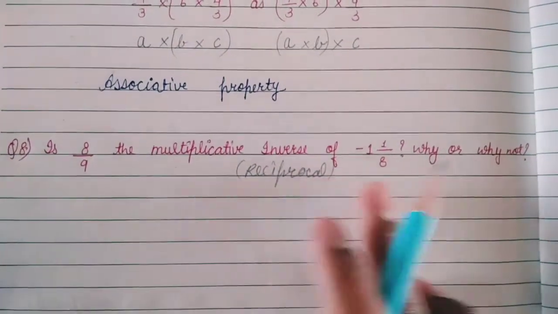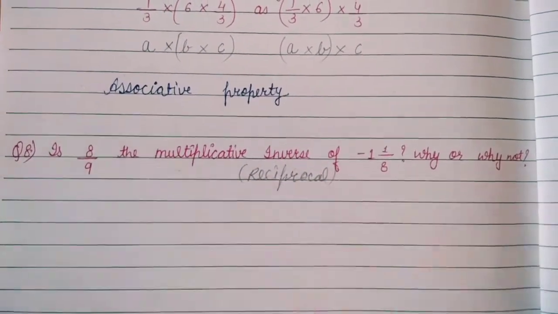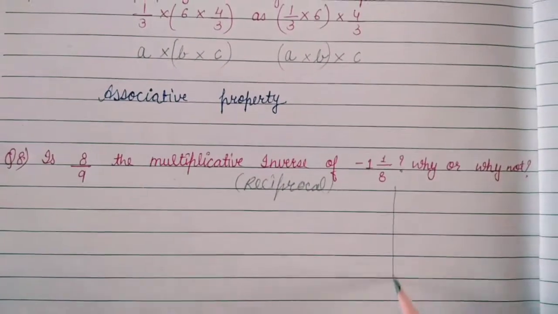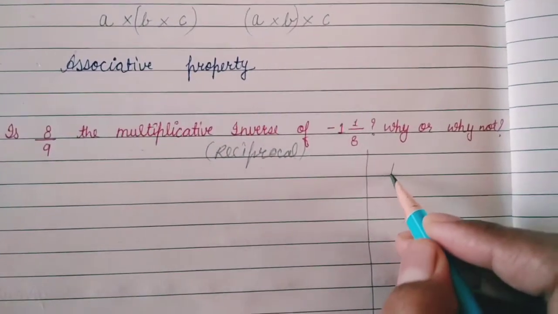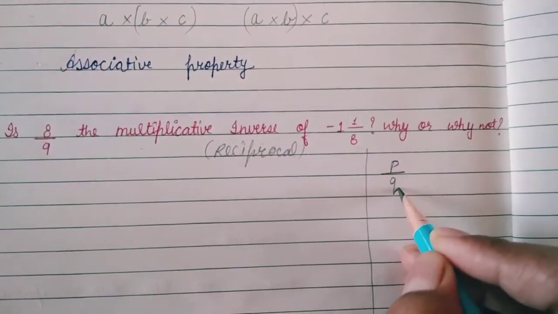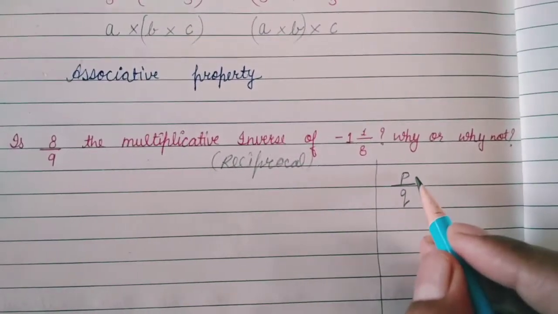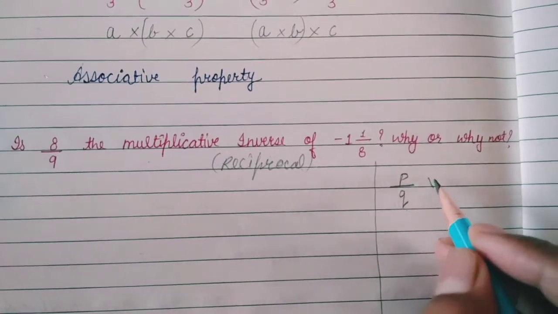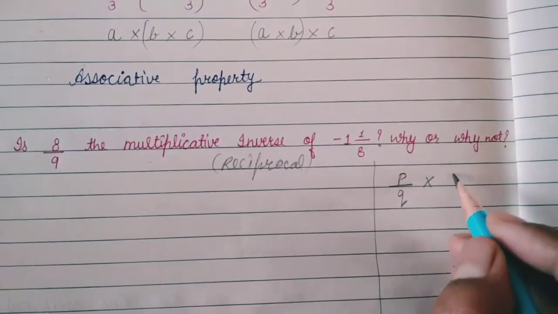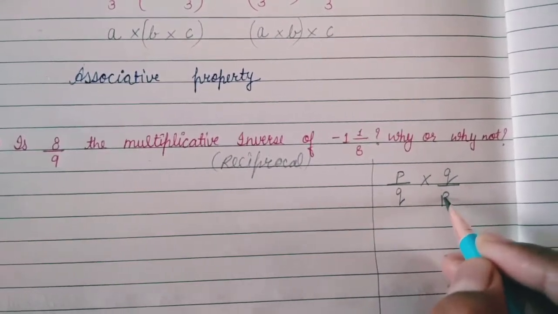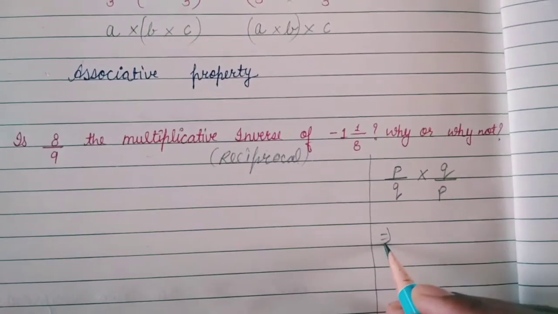Before going with this, we will simply see what a multiplicative inverse is. If we have a number P upon Q and we multiply P upon Q by its multiplicative inverse, which means its reciprocal Q upon P, we will get 1 in the answer.